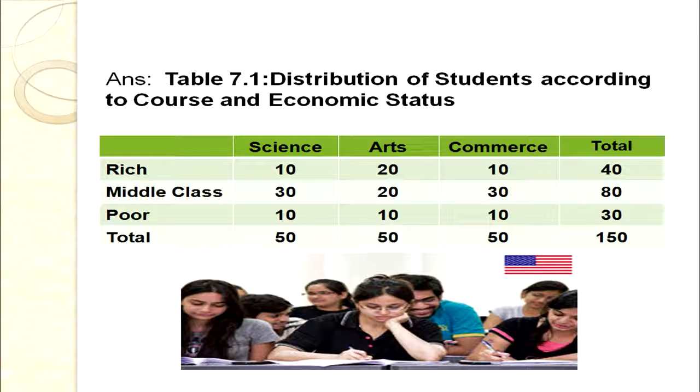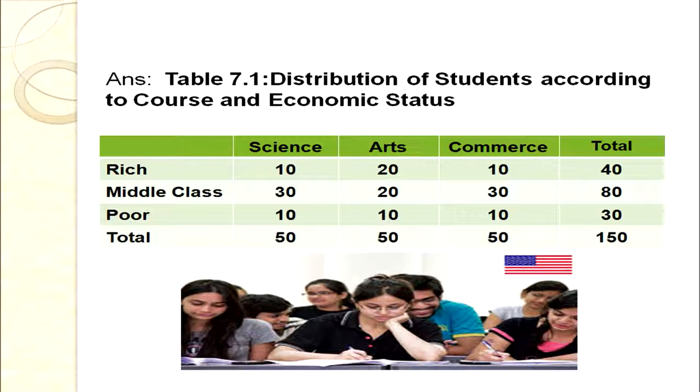You can see over here in rows we have got economic status, and in the columns we have given course status. So, science, arts, commerce, total. For rich, we have just calculated 10 science, 20 arts, 10 commerce, total comes to 40. Middle class, the total was given as 80: 30 for science, 20 for arts, 30 for commerce, and the total comes to 80.